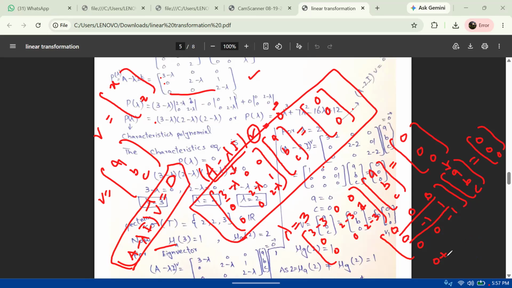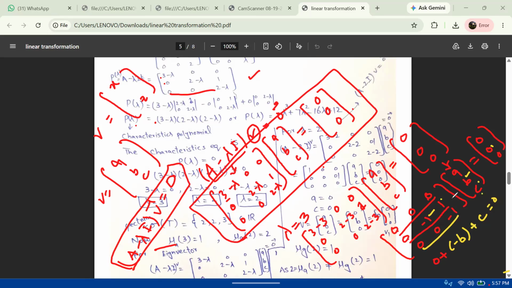Then you put the plus sign and multiply this minus 1 with B, which gives you minus B. Then you multiply 1 with C, which gives you C, and it is equal to 0. So when you multiply each row with the column, you get an equation, and you put each equal to 0.